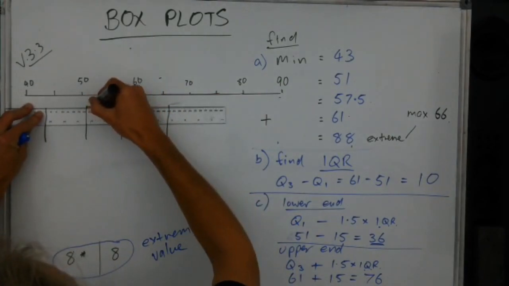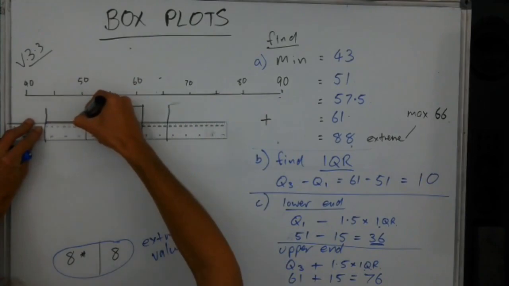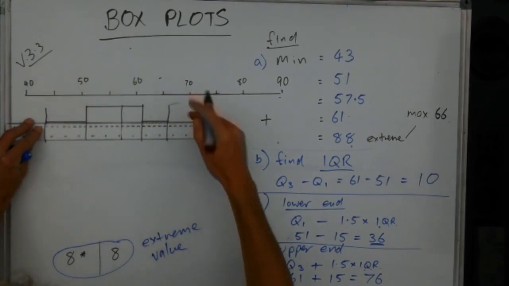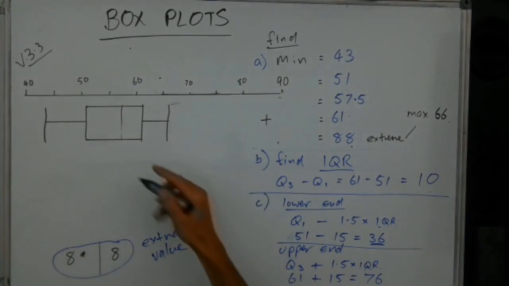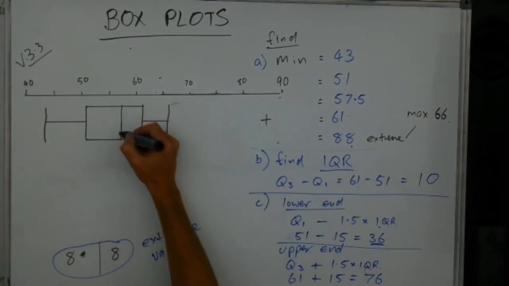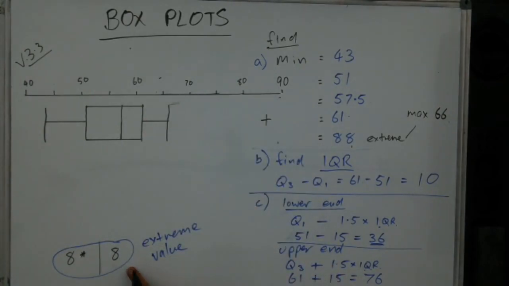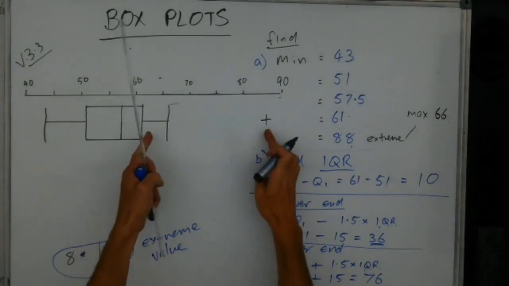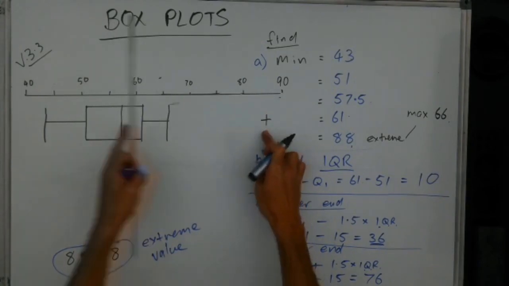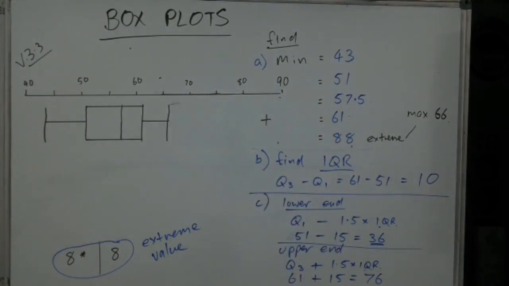So join the middle ones. And there's our box plot, with this representing our extreme value. Because if we ended this whisker here, this whole section would have been longer than the rest of the data simply because of this one score.